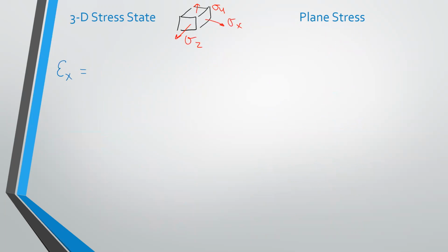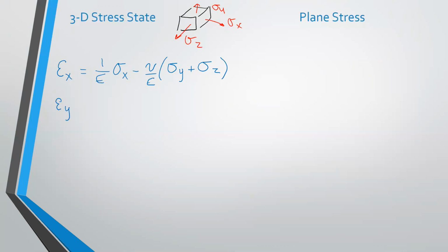Then the equations for our strain become 1 over E times the stress in that direction minus the Poisson ratio times the sum of the other 2 stresses. Let's not forget the E there. Everything needs an E. Okay, so you have the stress in the direction you're looking at divided by E minus Poisson over E times the sum of the other 2 stresses.